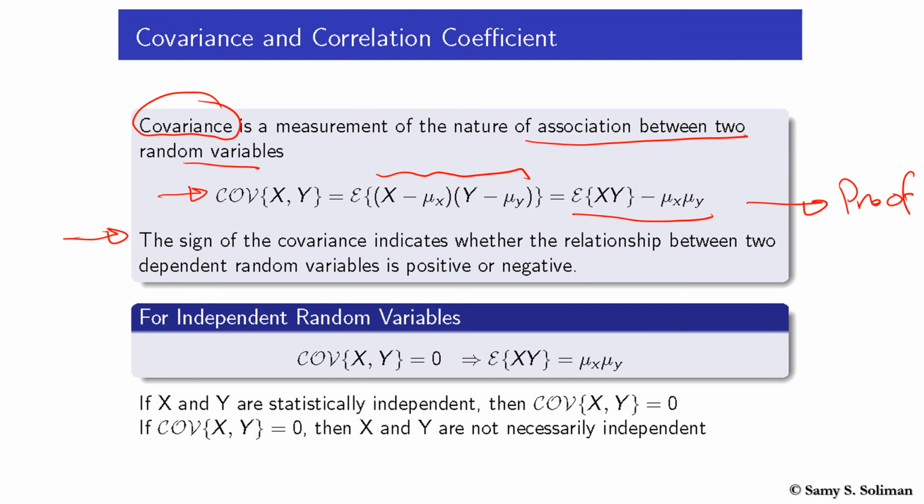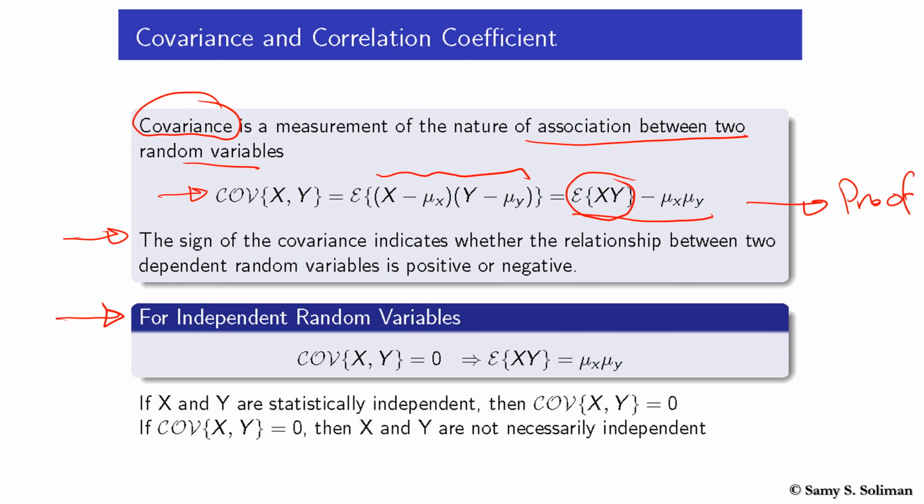For independent random variables, we know from the previous relation that the expected value of x times y is equal to the product of the means of x and y. So in this case, the covariance is equal to 0.